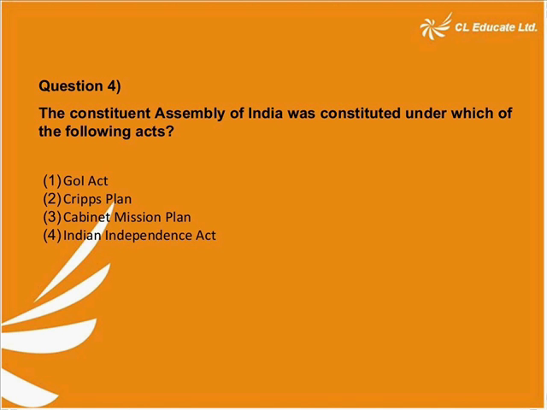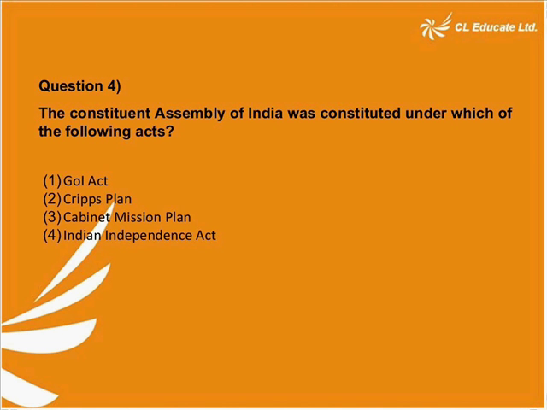Then the Cripps Plan, certainly after the Quit India movement, when England was on the verge of losing the war with Germany, in 1942 they sent Stafford Cripps to India, and remember in the last session we read that Mahatma Gandhi said about this plan that it was a cheque by a failing bank. So it was a post-dated cheque by a failing bank. That was the idea given by Mahatma Gandhi.